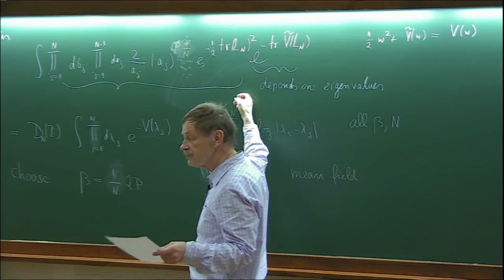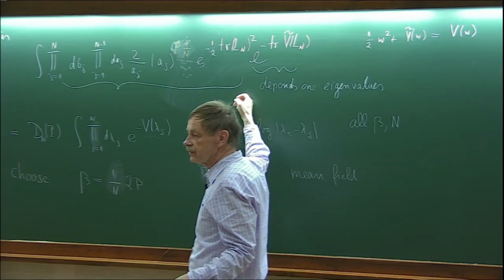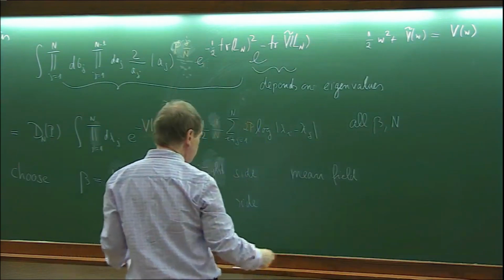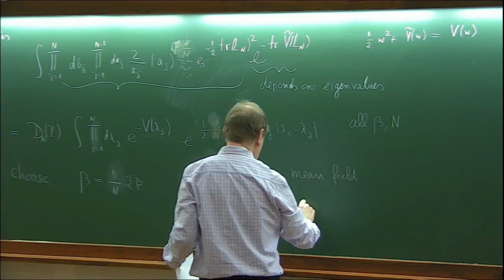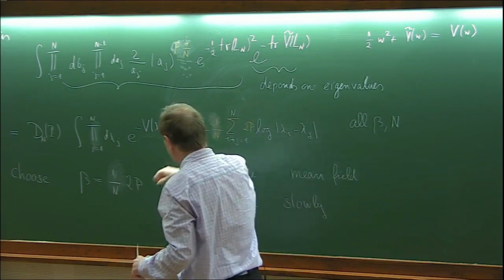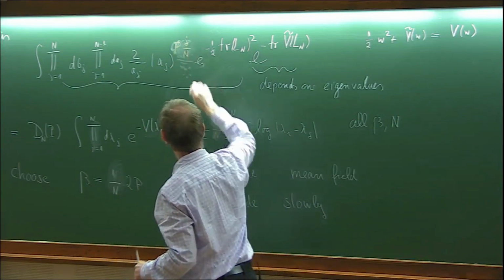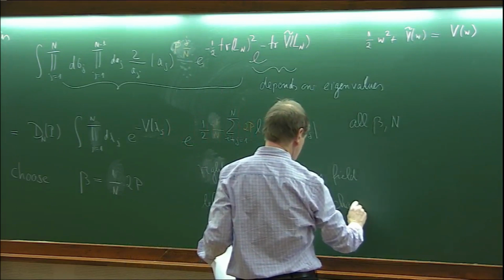Of course, there's something to be proved really, but intuitively it's quite obvious, okay? And so the left side is a slowly varying p. Slowly, because I made this very particular choice. It's a pressure changing slowly, like 1 over n.